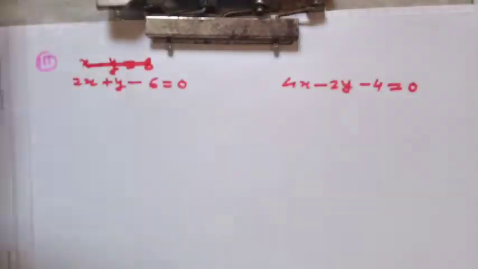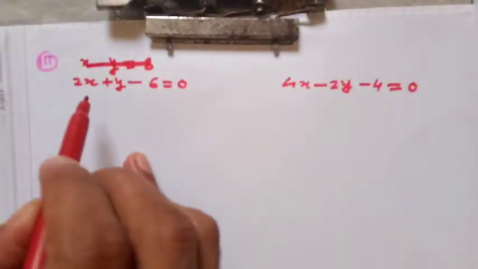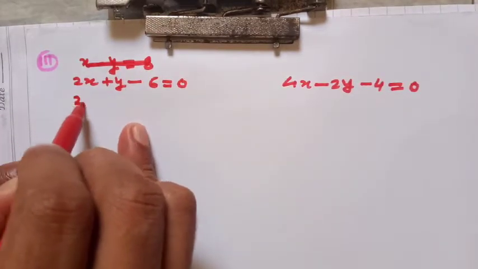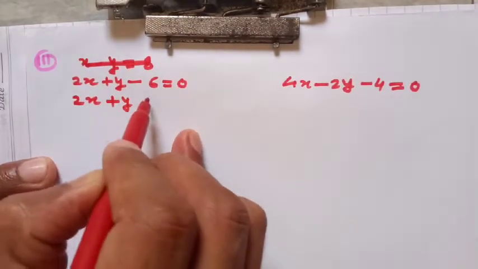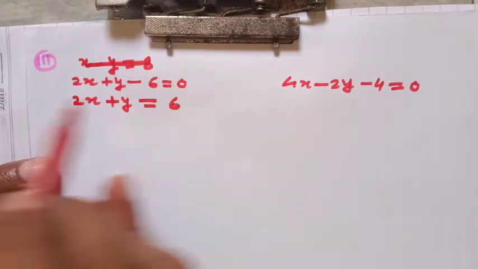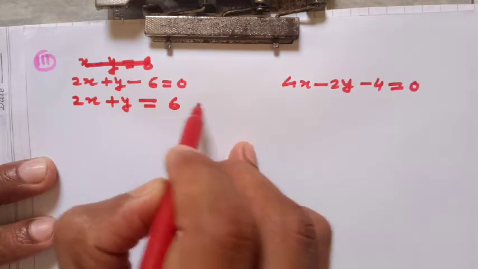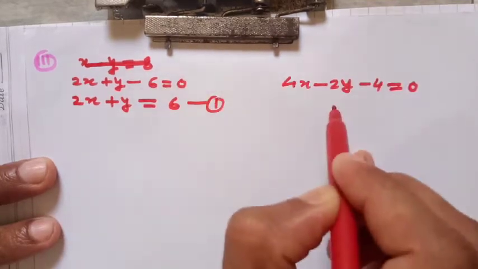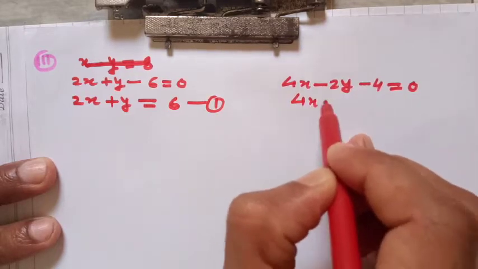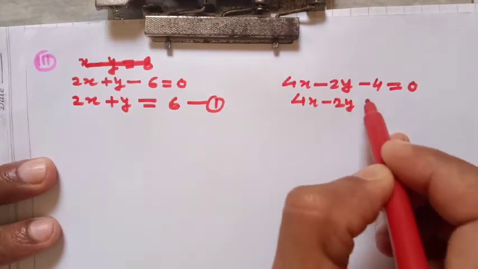Okay, let us come to how to get the solution. Now you should simplify it like that. 2x plus y is equal to 6, just shift the constant to the RHS, linear equation number 1. Now linear equation number 2, 4x minus 2y is equal to 4.